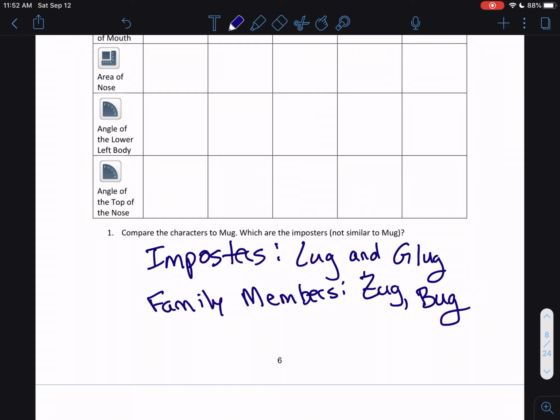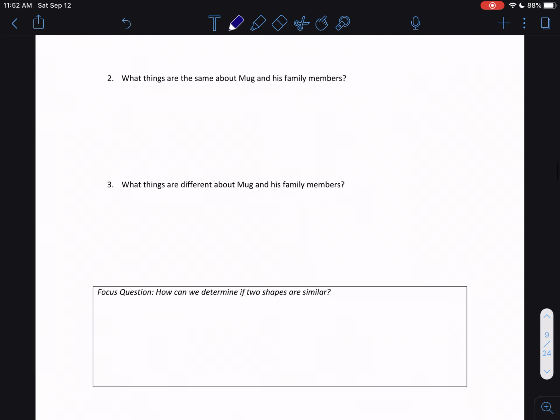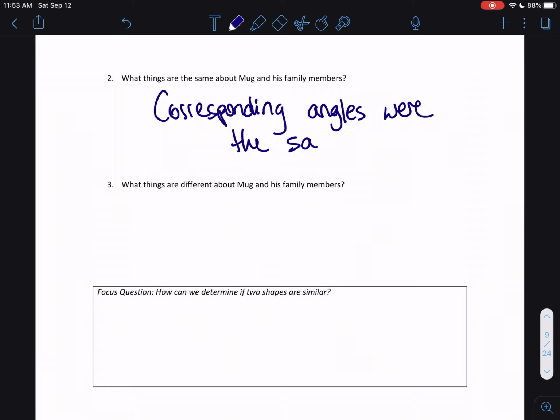Now we'll continue on our journey. It says what things are the same about mug and his family members. Hopefully what you noticed is that the corresponding angles were the same. I know I didn't actually write them out, but you should have had the same angles of 71.57 degrees for all of the lower left body, and 90 degrees for the top of the nose.